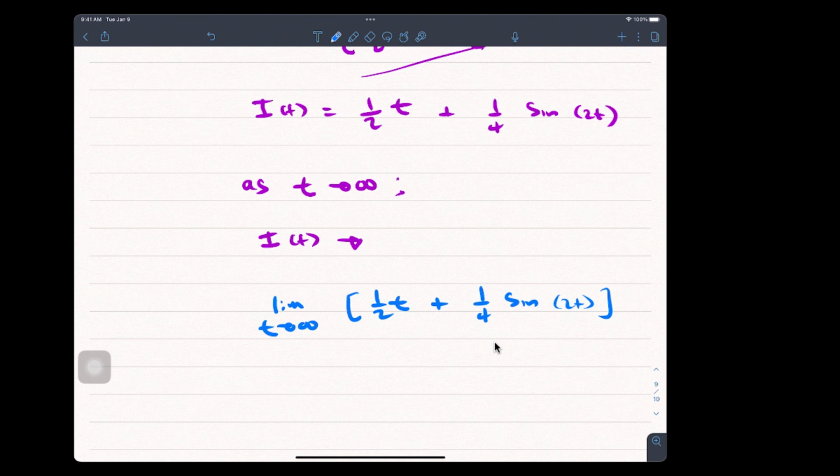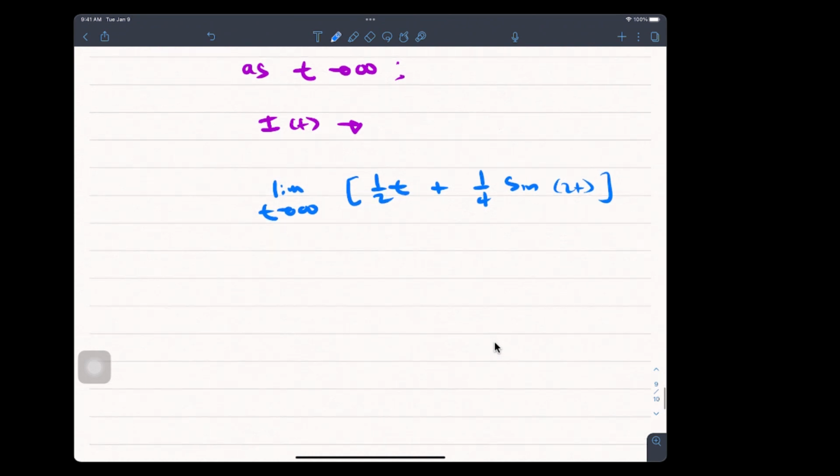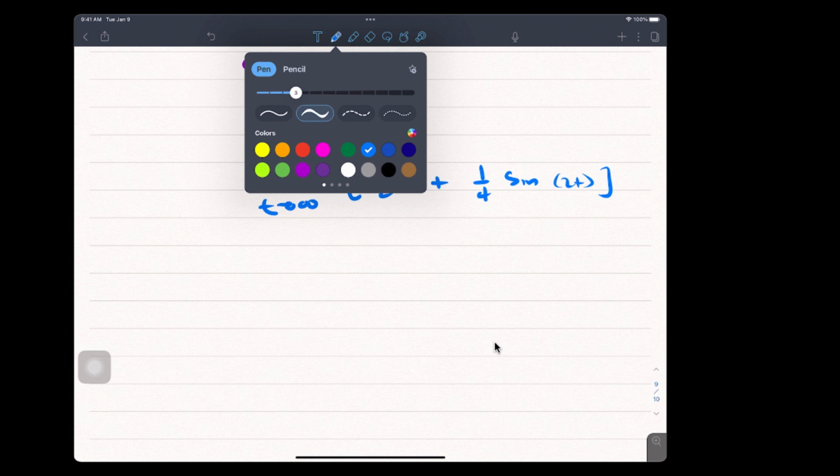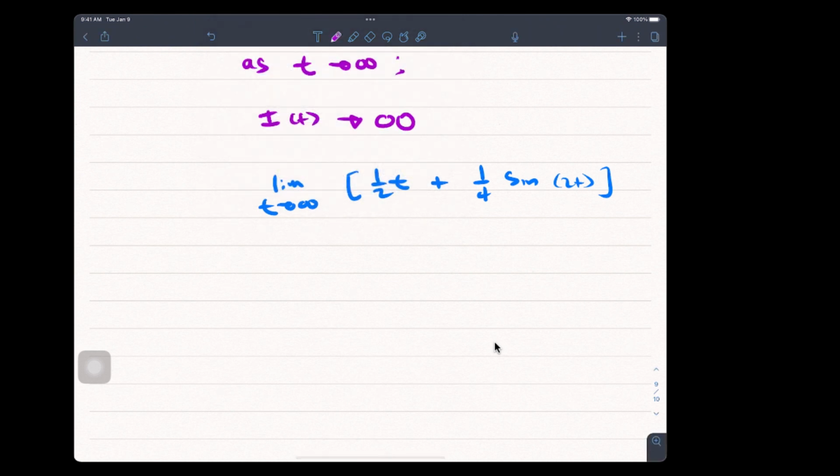So do you guys know something here? You're going to have an issue here. Okay, where is I of t going? Why does this thing go to infinity? Anybody know? Why is that end behavior infinity?